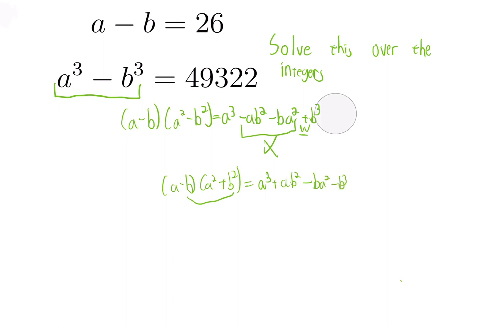So this problem over here was fixed, because now the b cubed is negative. But what about these terms? We still have to get rid of those. So let's try to factorize those. Well, we notice the factor of ab. So if we factor out ab, we'll get ab times b minus a.